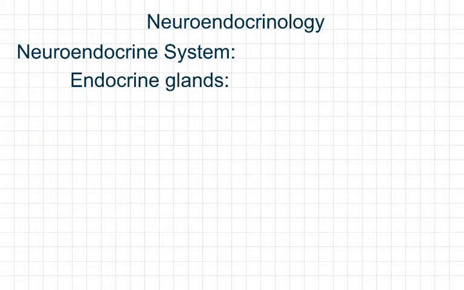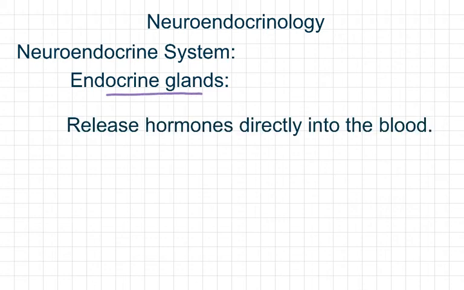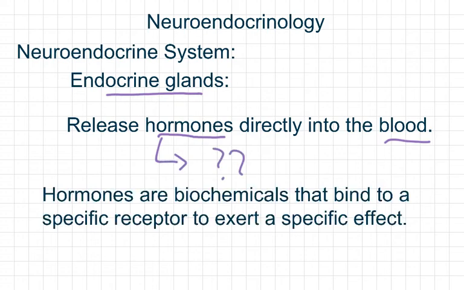When we look a little more specifically into the neuroendocrine system, we need to look into this concept called the endocrine glands. The endocrine glands are the portions of the endocrine system that directly release hormones into the blood. And finally, what is a hormone? Hormones are biochemicals that bind to a specific receptor and are designed to exert a specific effect.